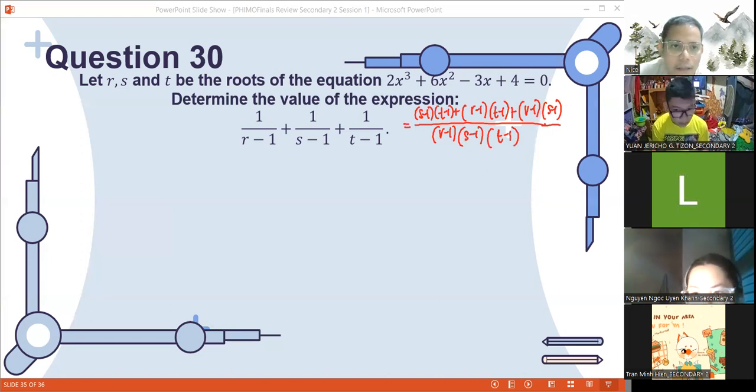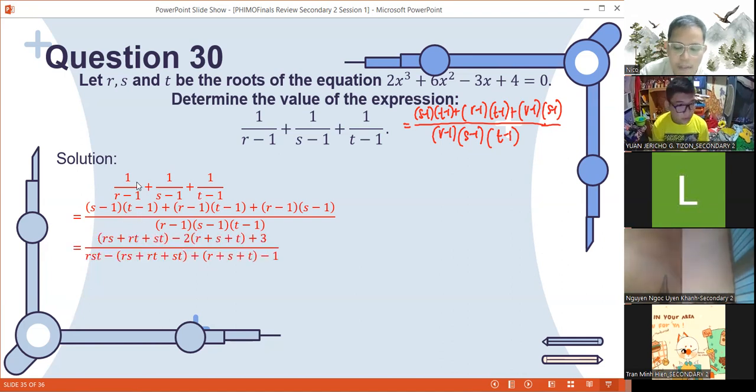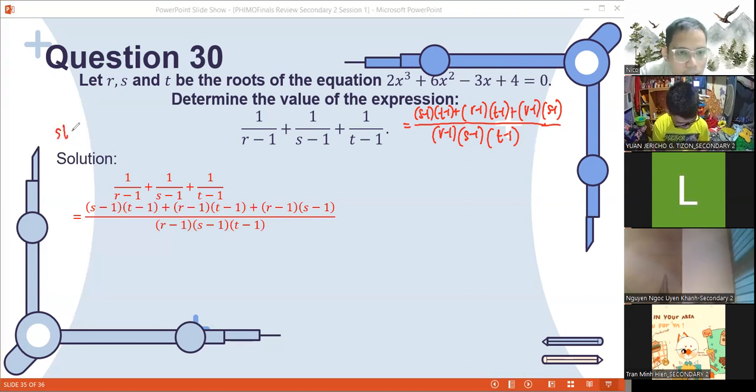Okay, and then let's see if there's a solution here. So we add them, right? After adding them, we simplify the (S minus 1)(T minus 1), that is ST minus S minus T plus 1, right? So this one here is ST minus S minus T plus 1.